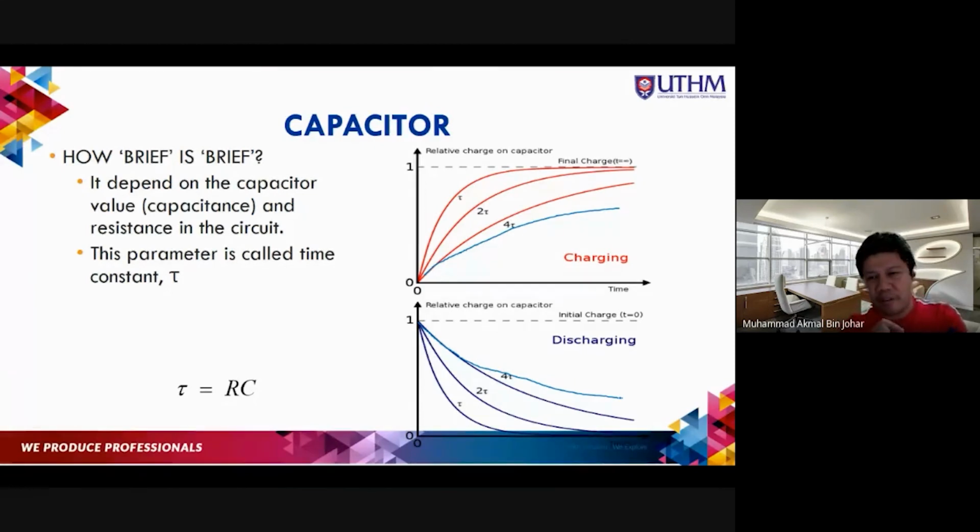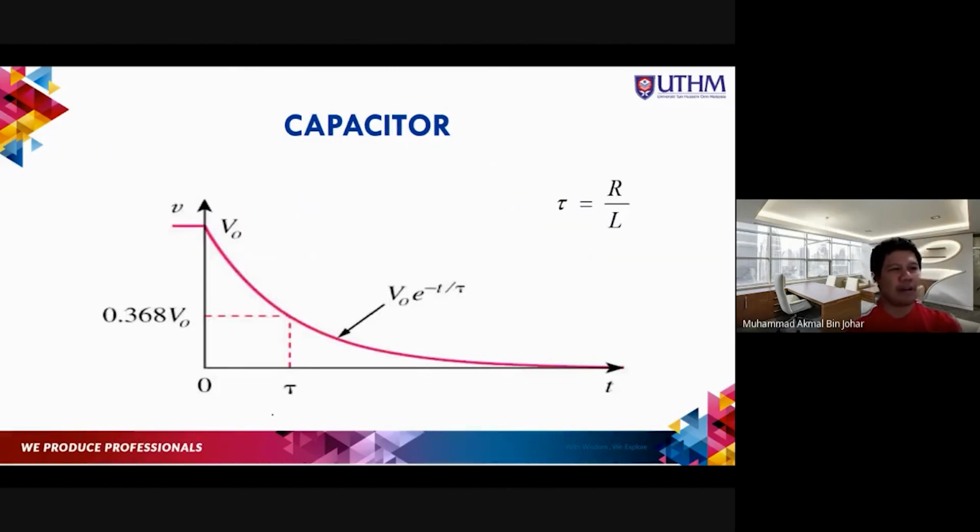So because of the certain value of charge yang kita preserve melalui capacitor. Dan masa untuk kita tentukan itu bergantung pada tau value. So we play around with the resistance and the capacitance value. Tau is equal R over L, then you can get the value, the voltage drop slowly, and you can control it with the value of R. This is for L.